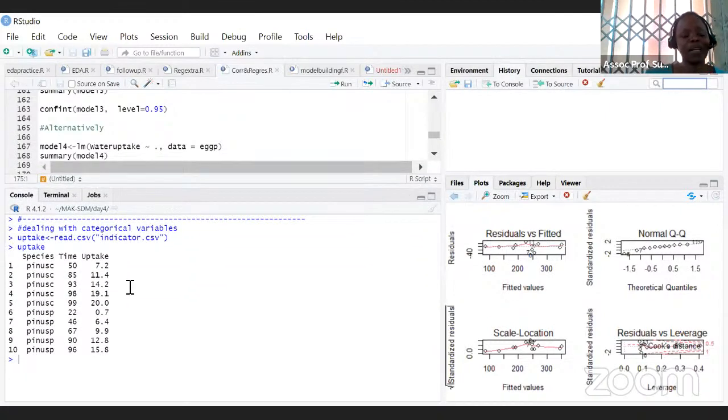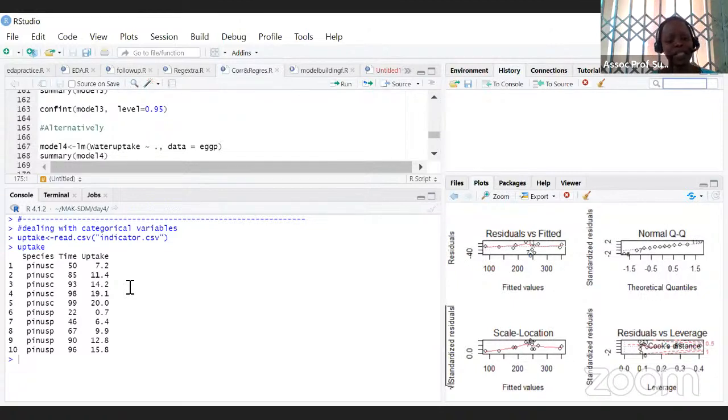So this data is about uptake of carbon dioxide by plants, 2 species, Pinus C and Pinus P, and then time taken for the plants to take in the carbon dioxide is our independent variable. So uptake of carbon dioxide is the response, time is the independent variable, and species is also independent but categorical.